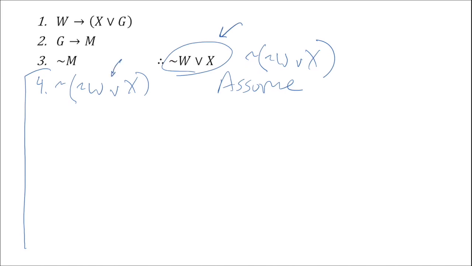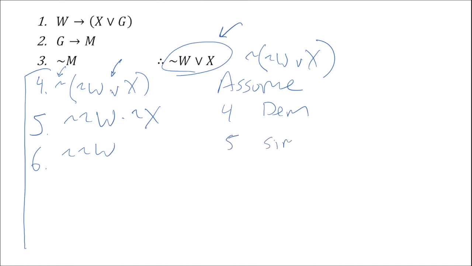Whenever I see a v that's being negated like this, I always want to try De Morgan's on that. And so let's see what we end up with. So that was 4 De Morgan's. And then let's take that through simplification. We can take off one of the conjuncts.